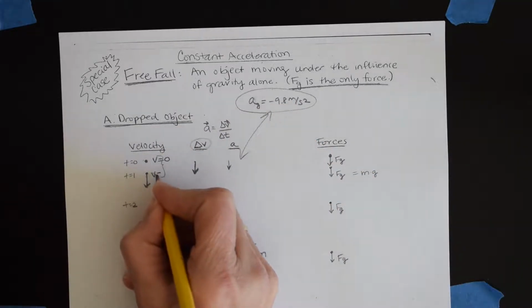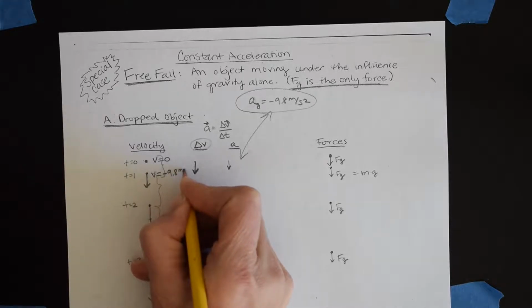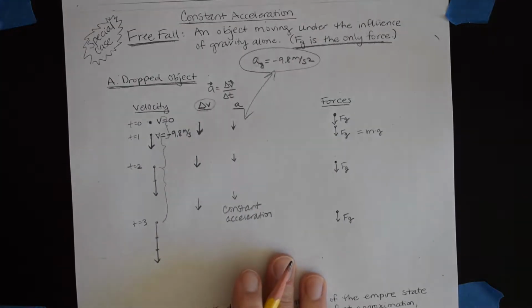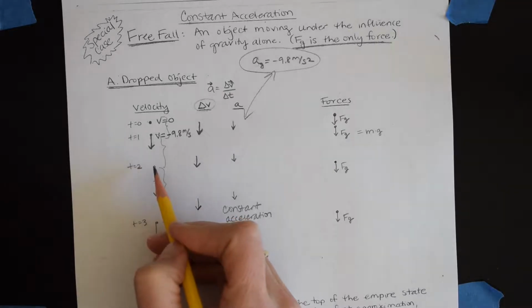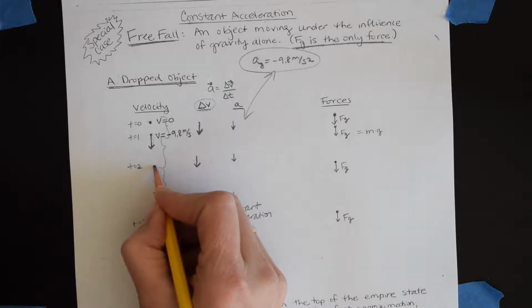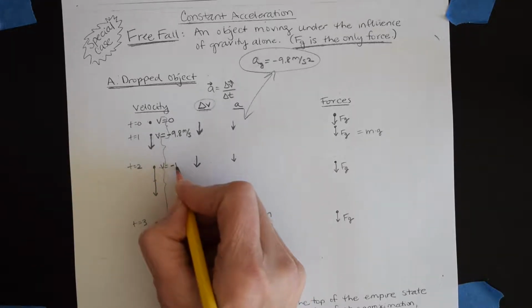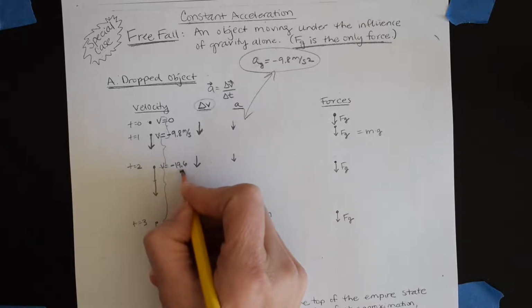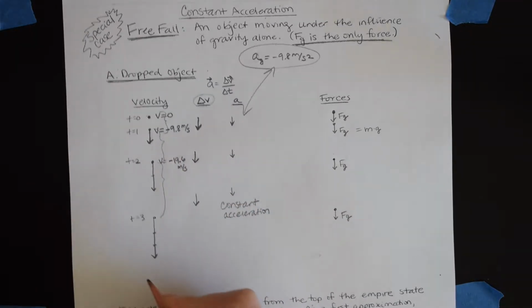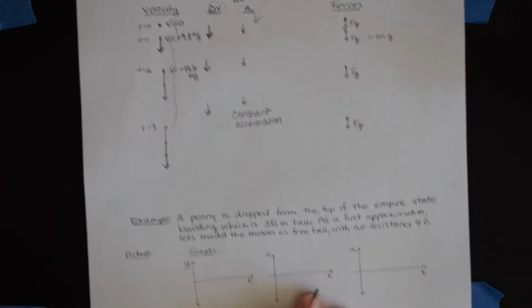So the instantaneous velocity at this moment would be negative 9.8 meters per second. In the next second, it's going to change again by negative 9.8 meters per second. So the velocity at time 2 would be twice that, which would be negative 19.6 meters per second. And you can go on like that, adding another negative 9.8 meters per second.